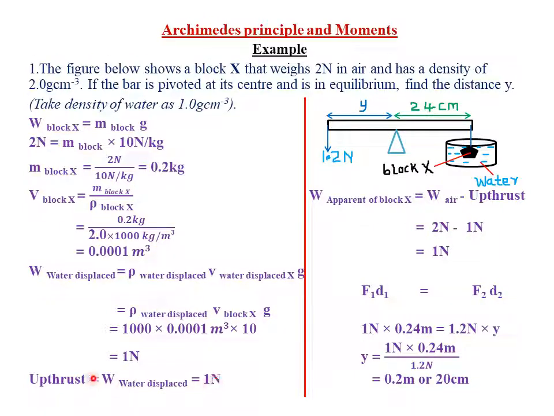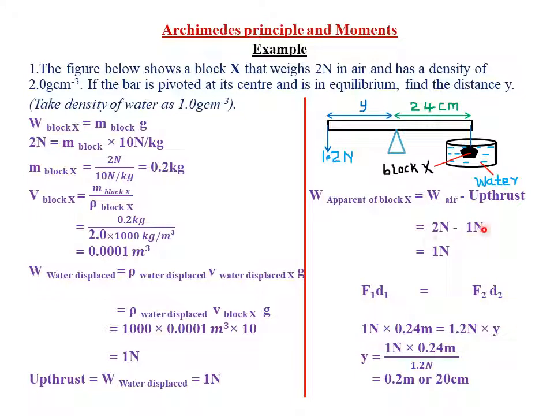Now that we have the upthrust, we can easily find the apparent weight of the block X, because that will be the tension in this particular string. So the apparent weight of the block X is equal to the weight of the block X in air minus the upthrust in water, because it was immersed in water. So weight in air we are already given from the question as 2 Newton, minus the upthrust in water, which we have computed as 1 Newton.